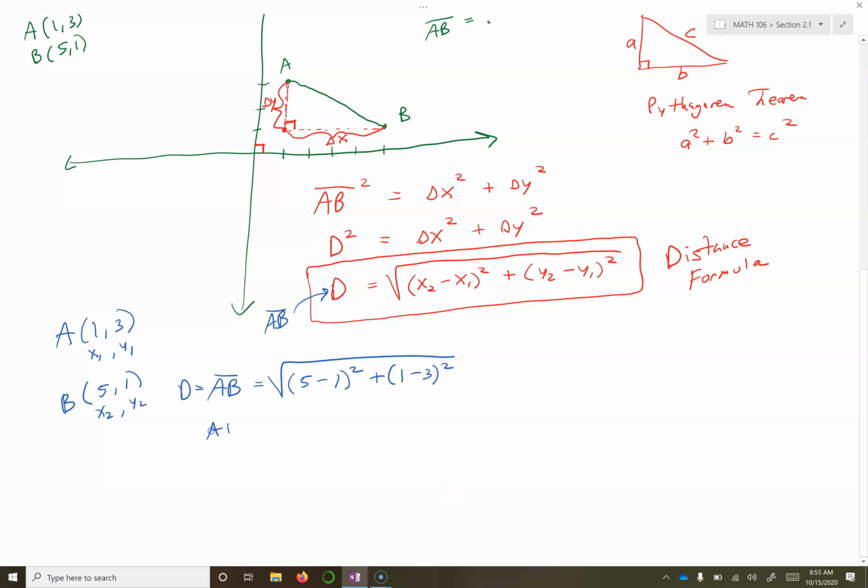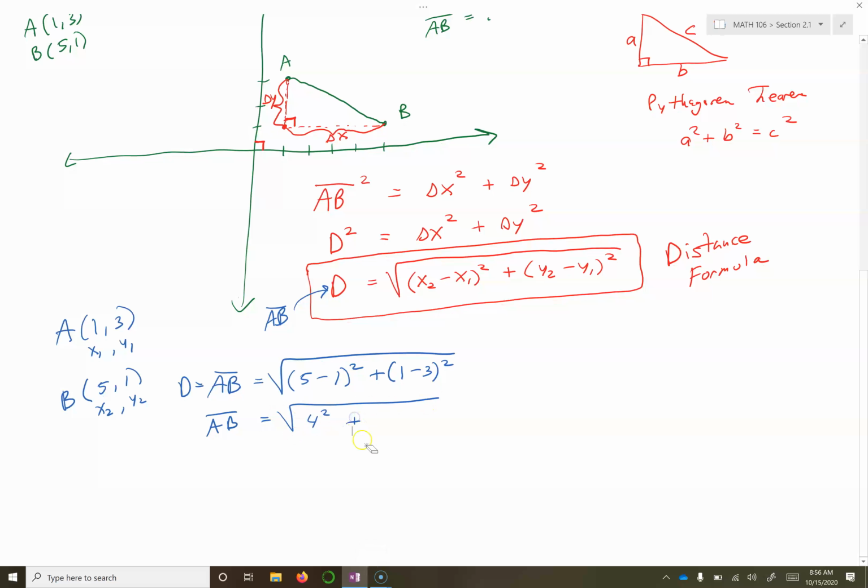All right, so AB, what do we got? We have 5 minus 1, that's 4 squared, plus, now again, I want to make sure people do this correctly. When you do 1 minus 3, you're going to get a negative 2. But that negative 2 stays in parentheses.